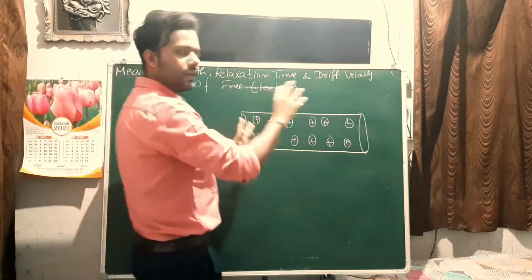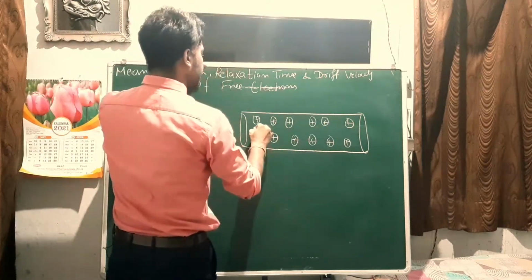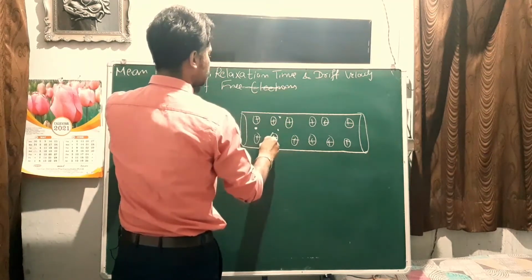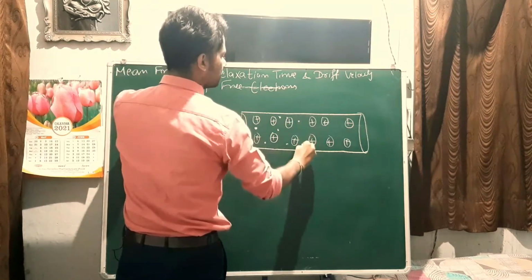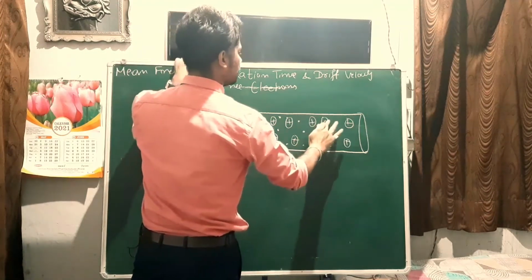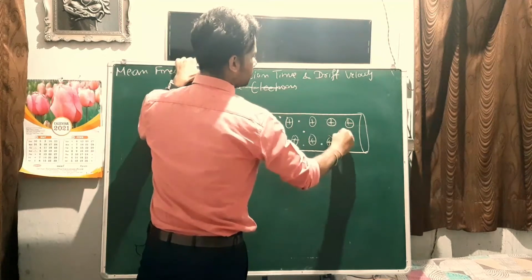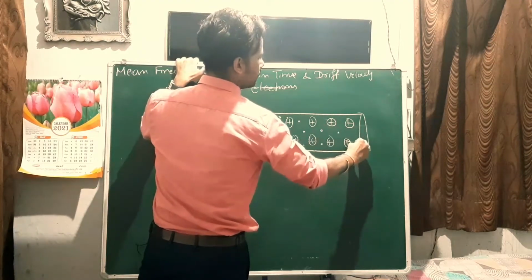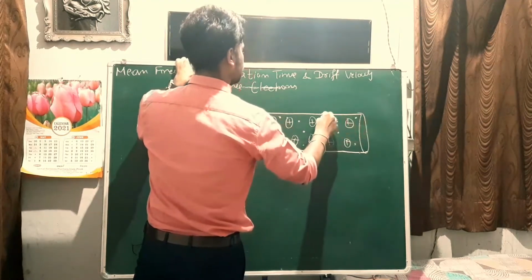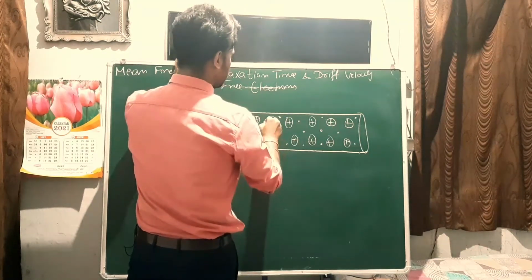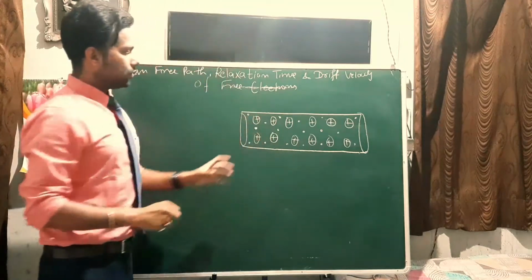Now in the free space in between there are electrons. All right, so you can see them.